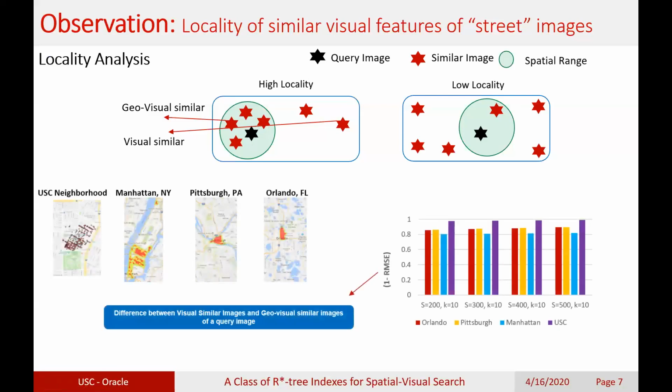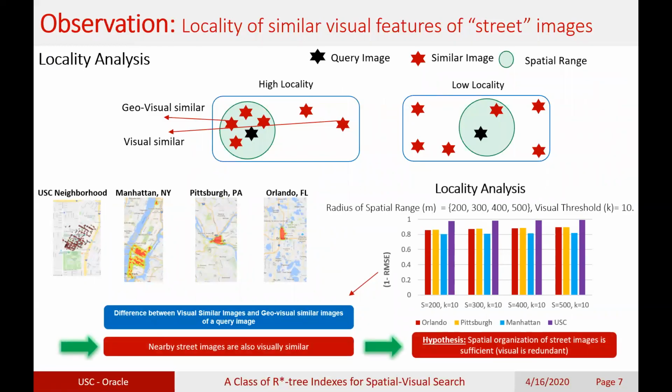We have experimented this phenomenon using a dataset of street images collected at 4 different locations, as shown in this figure. Across all of the examined datasets, at least 80% of the top 10 similar images are located in the neighborhood of a reference image. Consequently, these results confirm the validity of the locality of similar visual features observation.